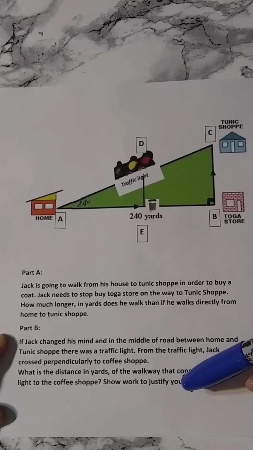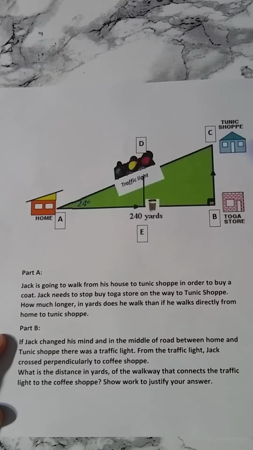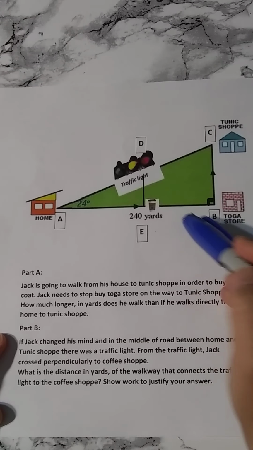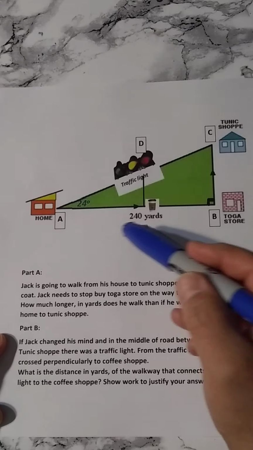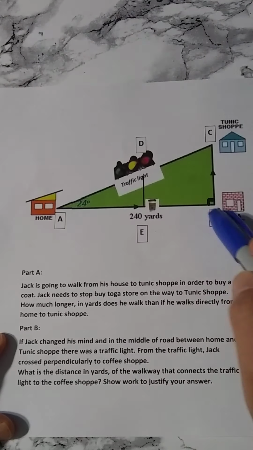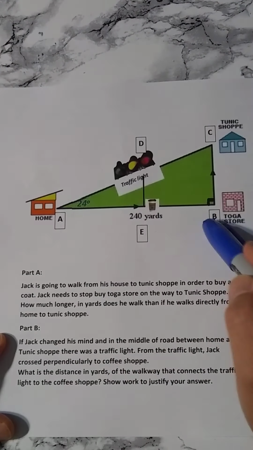Let's do that. The information we have is that this angle is 24 degrees and this is a right angle. Given this side AB is 240 yards. What we're looking for is AB plus BC.